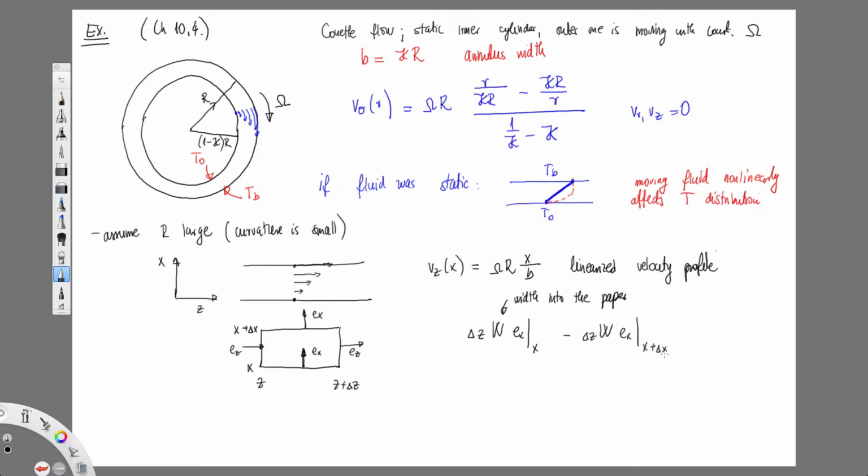Okay, and then plus, on this other boundary, this width here is delta X, and I'm also going to put times a W, EZ evaluated at Z. So that's what's coming in at the lower Z boundary, and what's coming out is delta X W EZ evaluated at Z plus delta Z. And that is equal to 0.